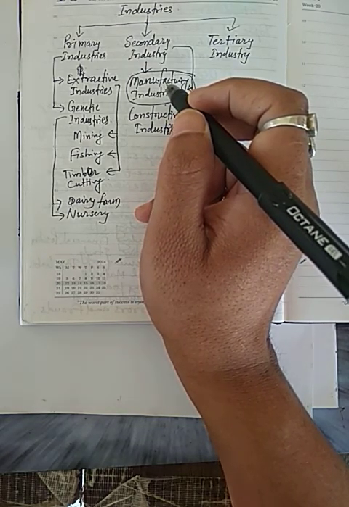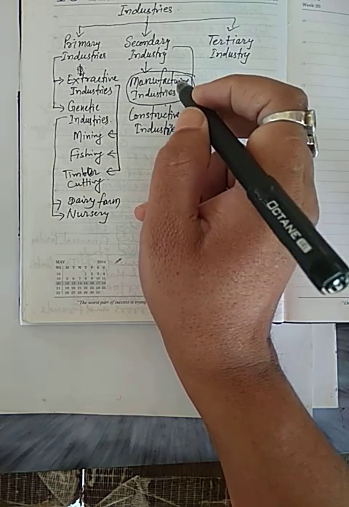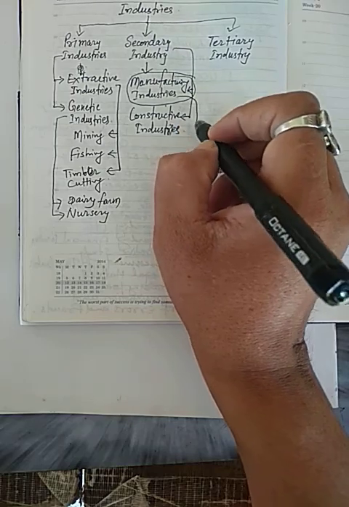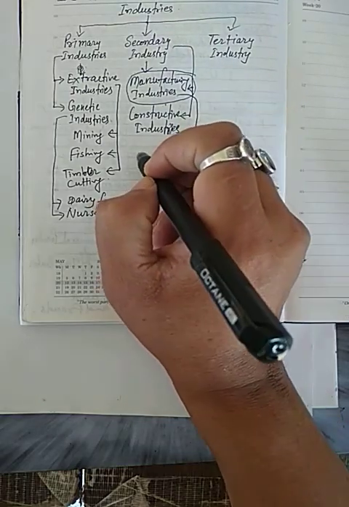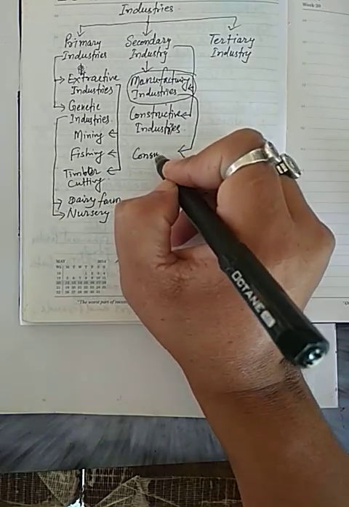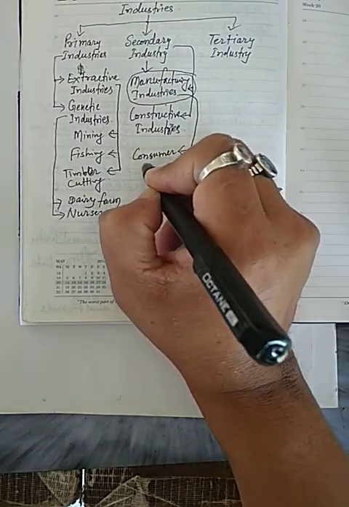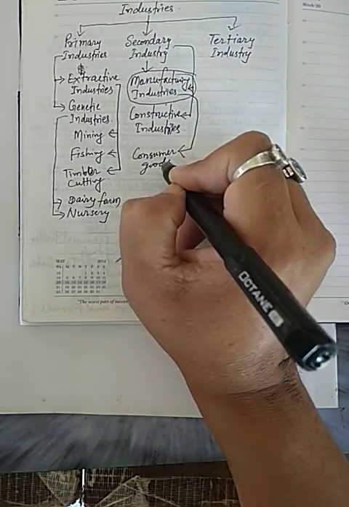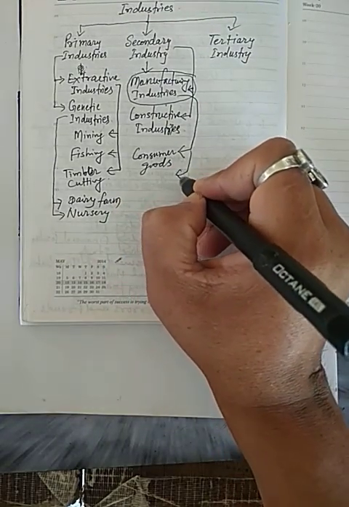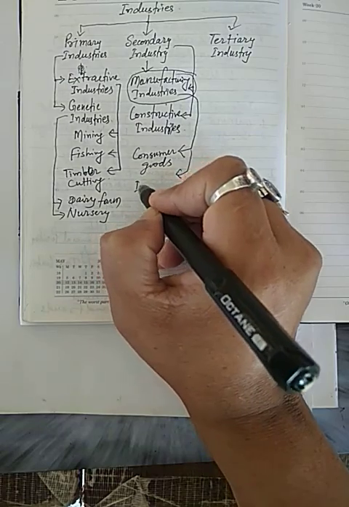There are two types of goods under manufacturing industries: consumer goods and, second, industrial goods.